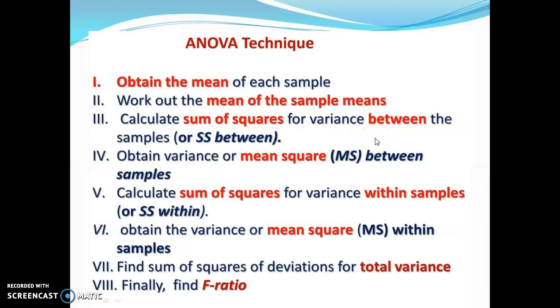So there are 8 basic steps of analysis of variance. First step, obtain the mean of each sample. If there are 3 variables, you first calculate the mean of these 3 variables, then work out the mean of the samples.